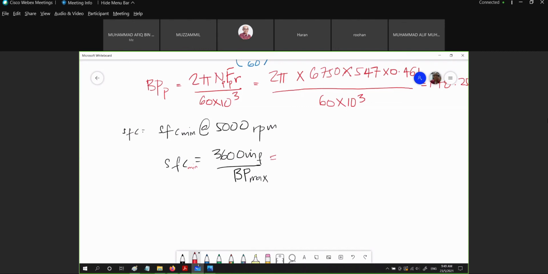So how to get the m.f? m.f is equal to rho f multiplied by V dot f.